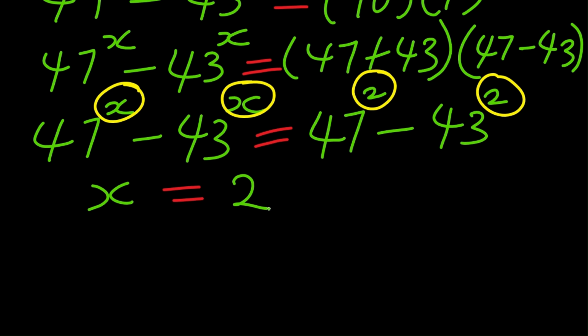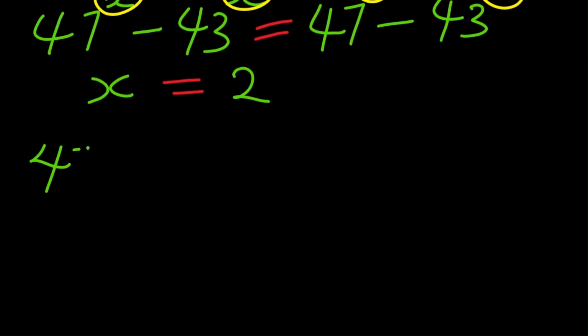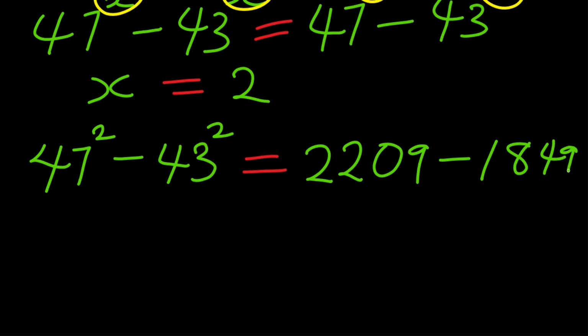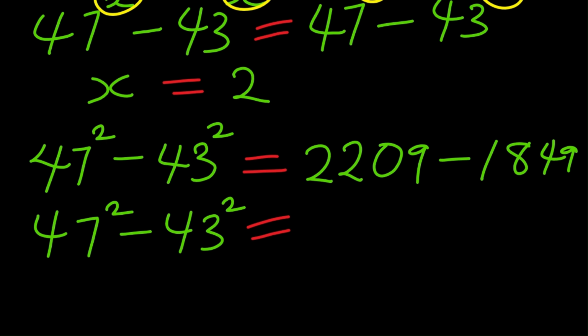So we can substitute x in the equation and see if we'll get 360. 47 squared is the same as 47 times 47, which gives us 2209. 43 squared is the same thing as 43 times 43, which gives us 1849.